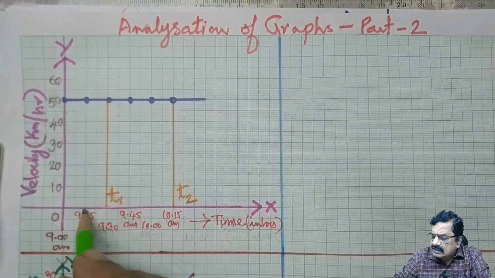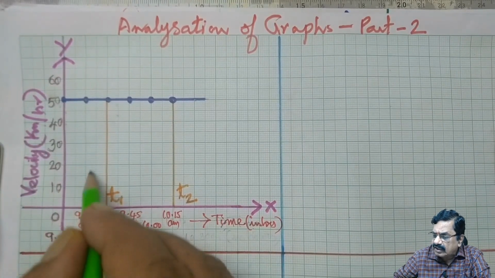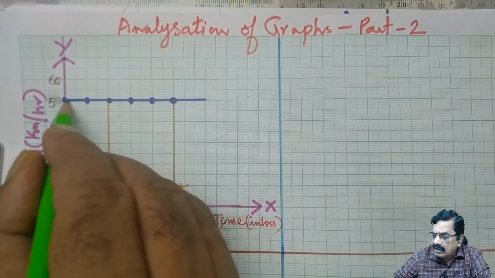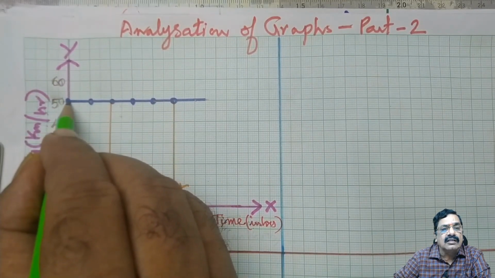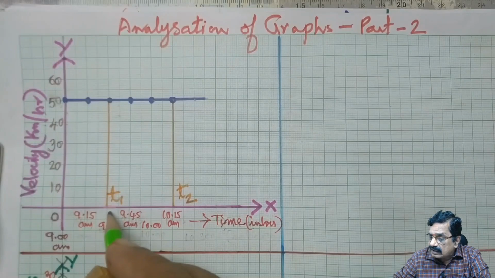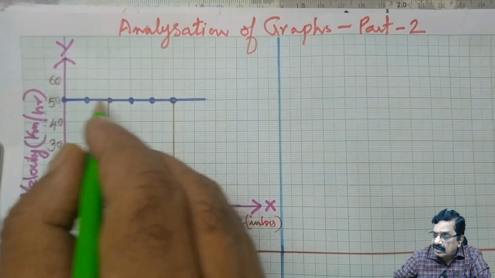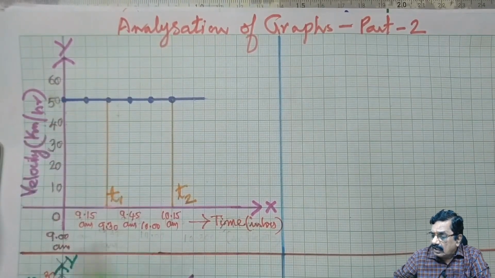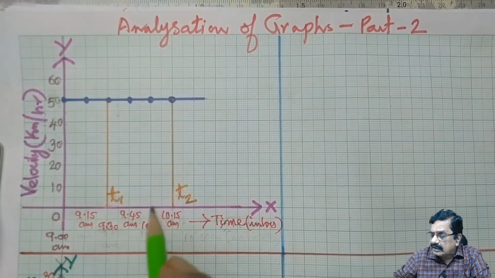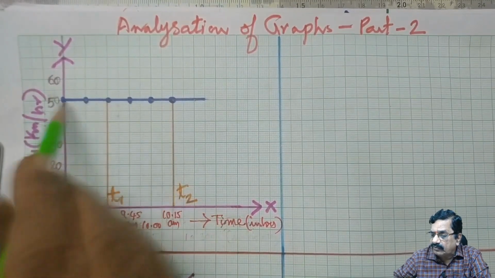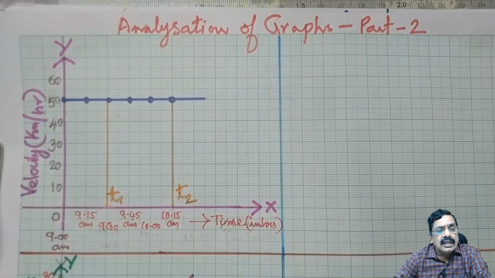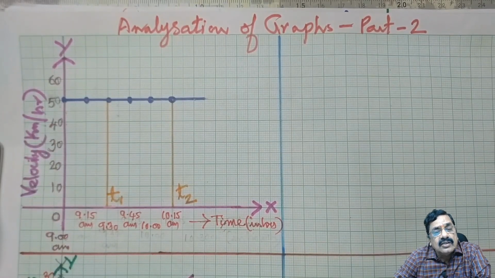What is the velocity from the graph? Let us find out. 9:15 am, again it is 50 kilometer per hour. Let us go to 9:30 am, again it is 50 kilometer per hour. Like that, if you see all the times, it is 50 kilometer per hour. Can you tell what is the meaning of this?